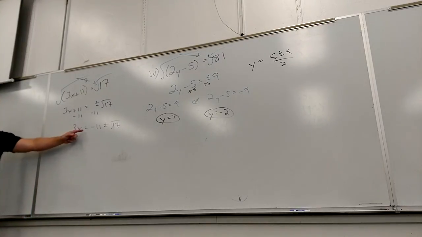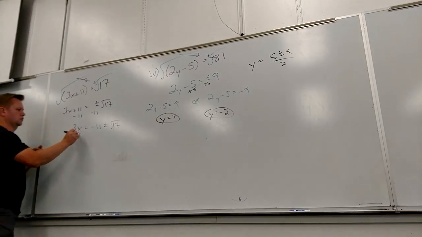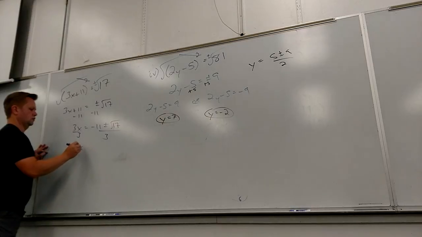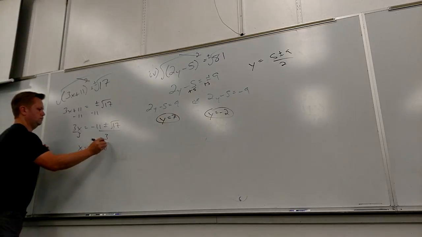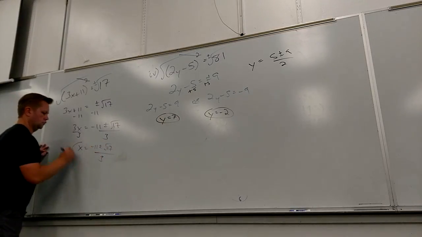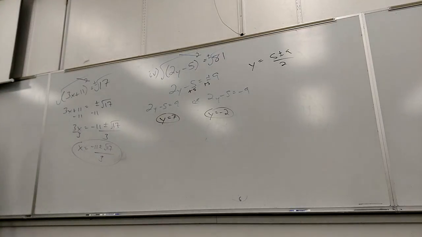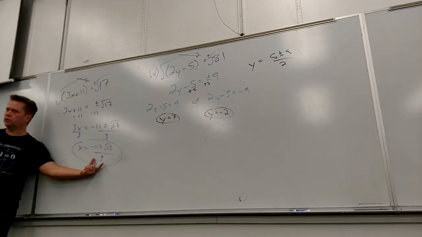And then, of course, I just have to divide by 3. Over there, I had to actually go further because I could simplify the rad. Here I can't, so I just leave it like that. If you've done any quadratic formula work, this should look familiar. It should look like an answer you would get from that.